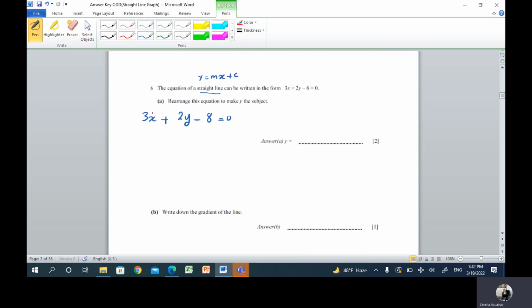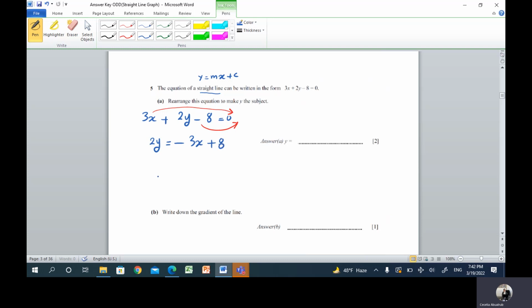We're going to transfer the 3x and the negative 8 to the other side. So 2y stays on this side equals, when we transfer the 3x to the other side of the equal, it becomes minus 3x. And when we transfer the negative 8, it becomes plus 8.